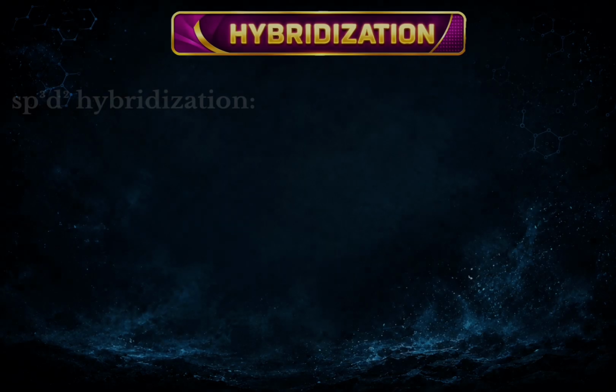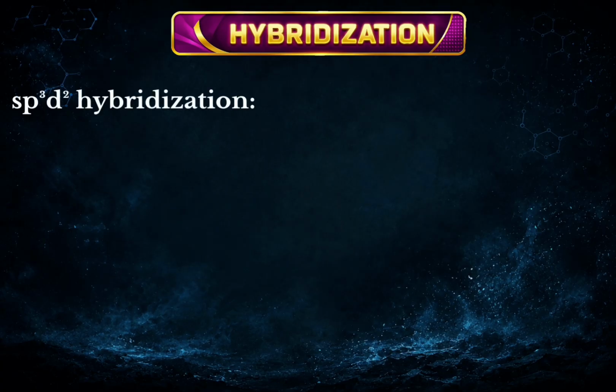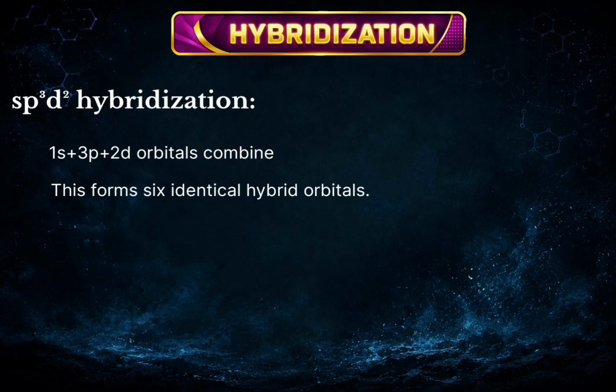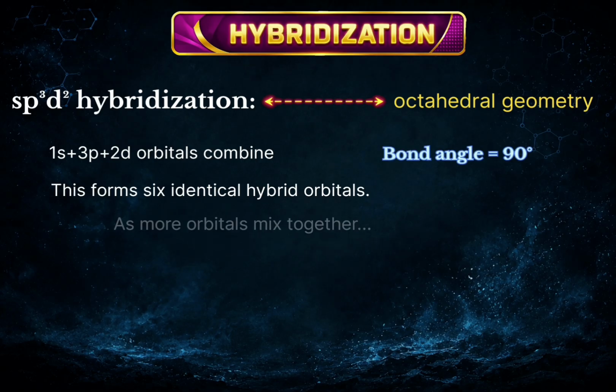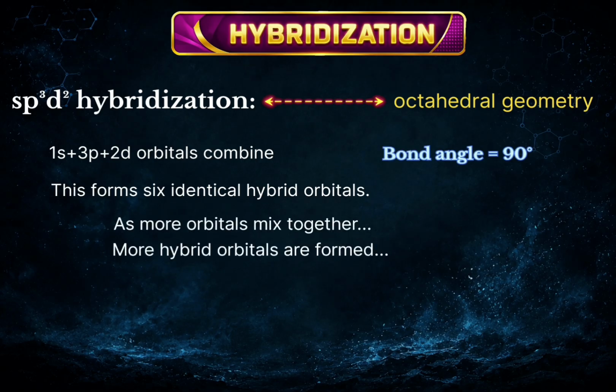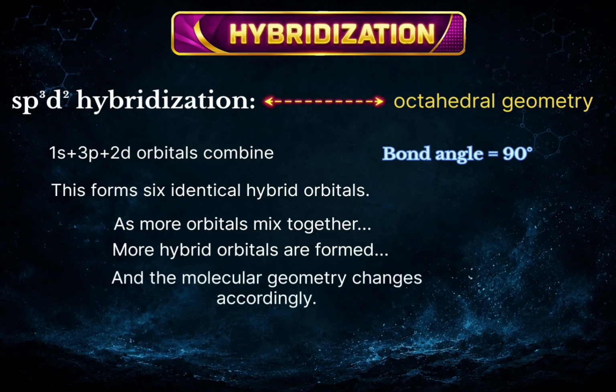Finally, in sp³d² hybridization, 1 s orbital, 3 p orbitals, and 2 d orbitals combine. This forms 6 identical hybrid orbitals. They arrange themselves into an octahedral geometry with ideal bond angles of 90 degrees. Here's an easy pattern to remember. As more orbitals mix together, more hybrid orbitals are formed, and the molecular geometry changes accordingly.